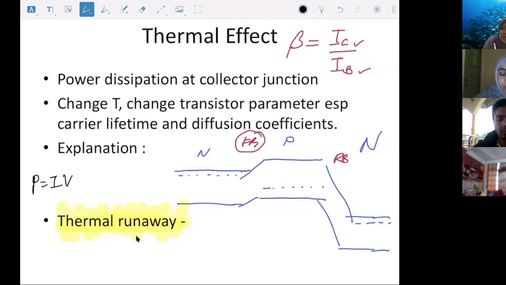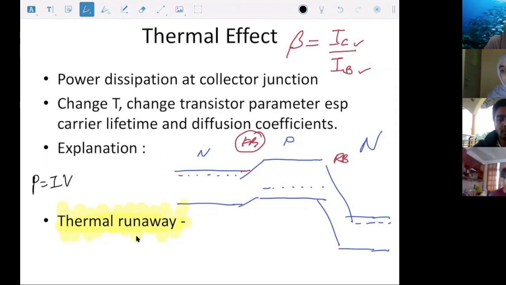Now in the device, the same thing will happen. If you increase the temperature, number one, what was mentioned by Iman just now, you can have extra excitation or generation of free carriers. And number two, at the same time, you also have lattice scattering.